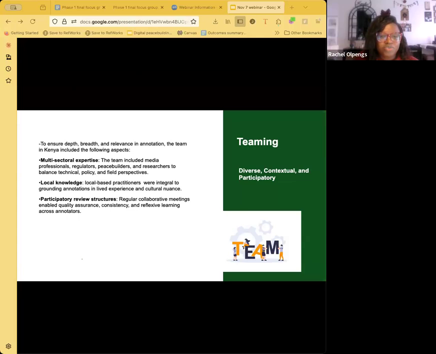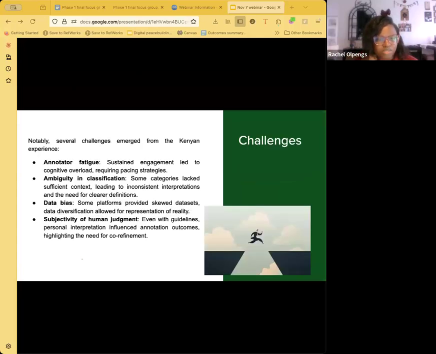When it comes to the challenges we had from our team, of course, fatigue. The annotation was done in several rounds, but we had rounds where there were huge sets of data, and this could bring fatigue based on the volume of the data you're looking at, but also on the content itself.